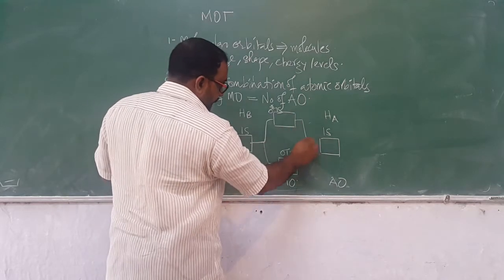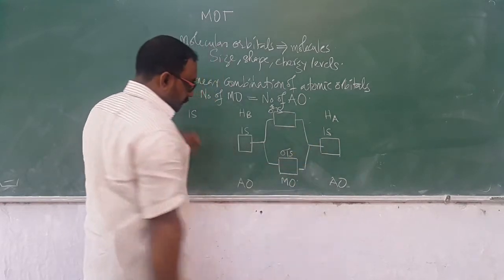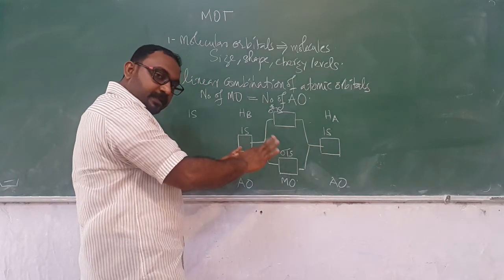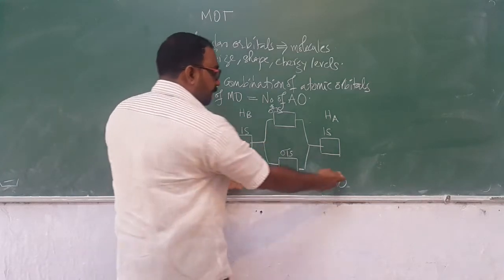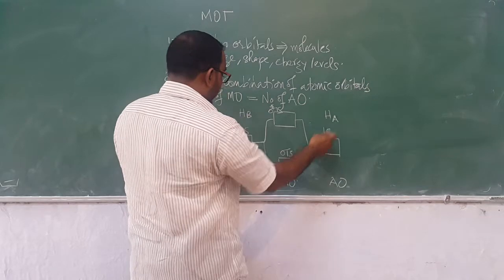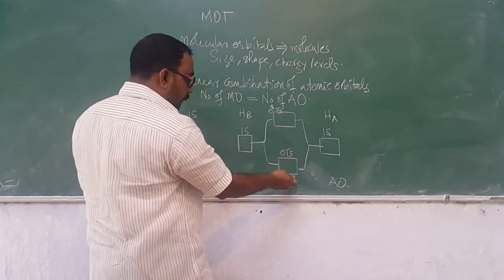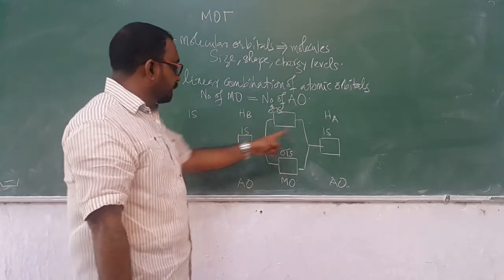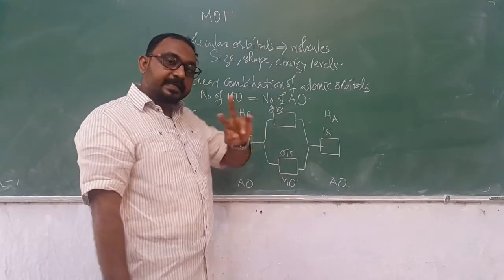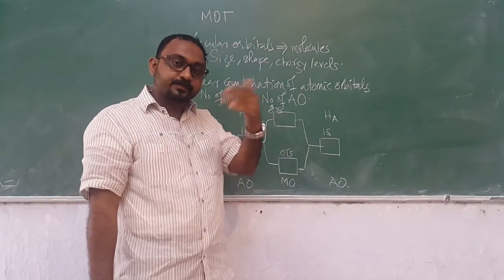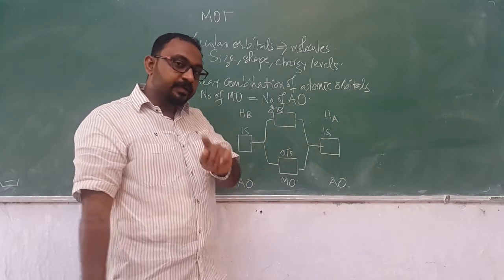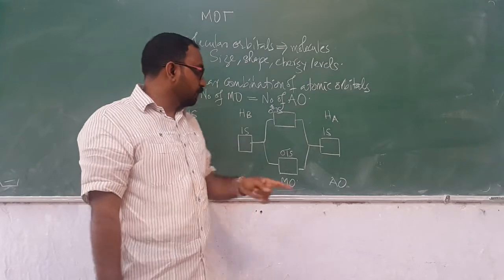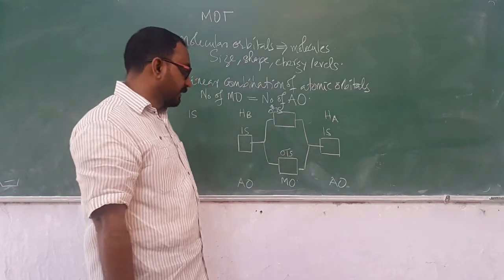So the atomic orbital of the first atom and of the second atom are on the sides, and the molecular orbital will be built up at the center. If 1s and 1s join together, they can go for linear combination, subtractive mode and addition mode. When it is subtractive mode, they will have more energy. When it is addition mode, they will have lesser energy.